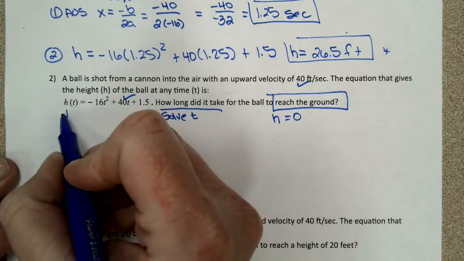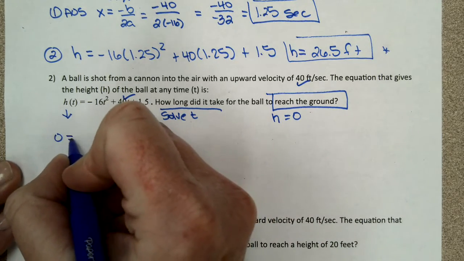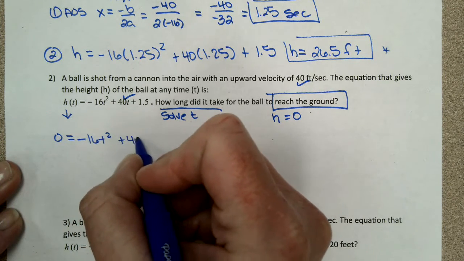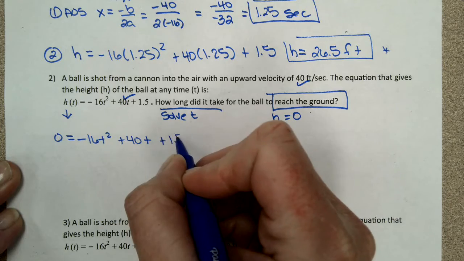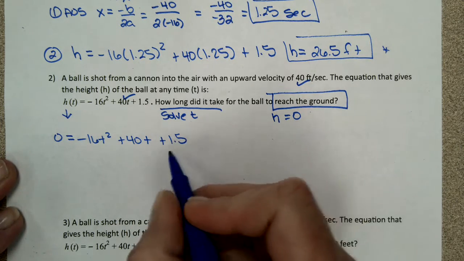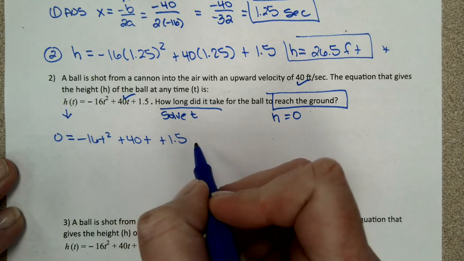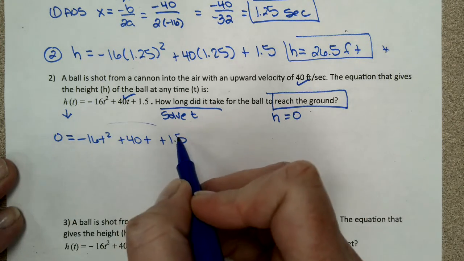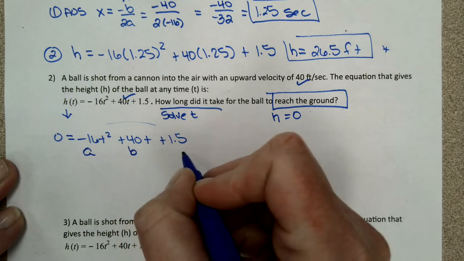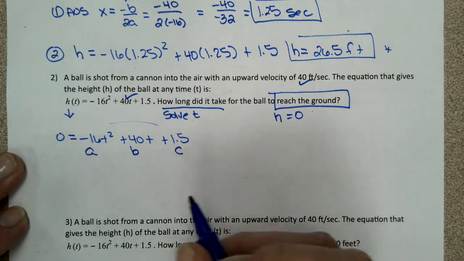So in place of that h of t right there, I'm going to plug 0 in. So if you have to solve for t, and I don't know if that's going to factor, but I definitely don't deal with decimals. So I would label my A, B, and C, and I would run the quadratic formula.